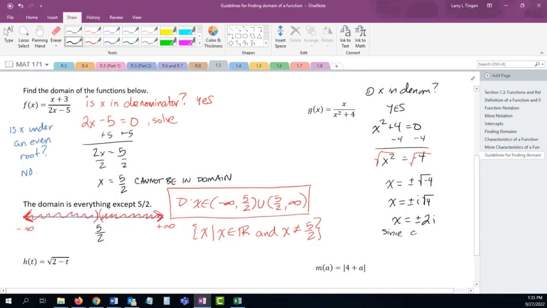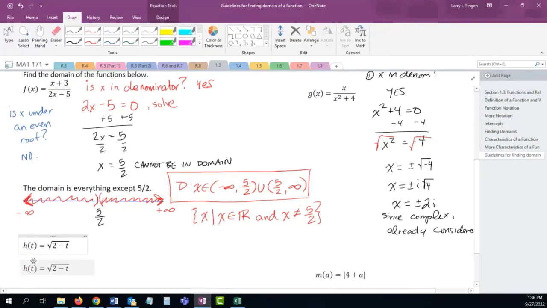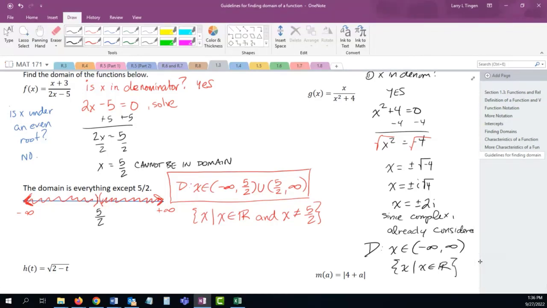So since complex numbers are already not considered, that means if I don't find any problems, the domain is understood to be automatically all real numbers, which in interval notation looks like that, and in set builder notation looks like that. -infinity to infinity.